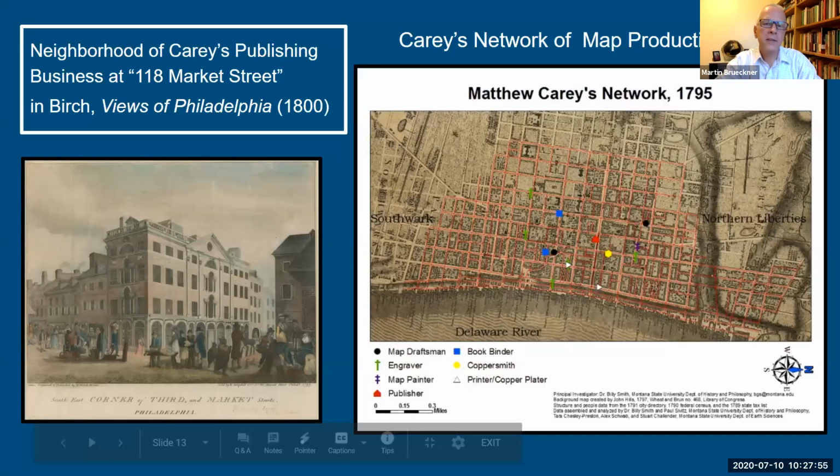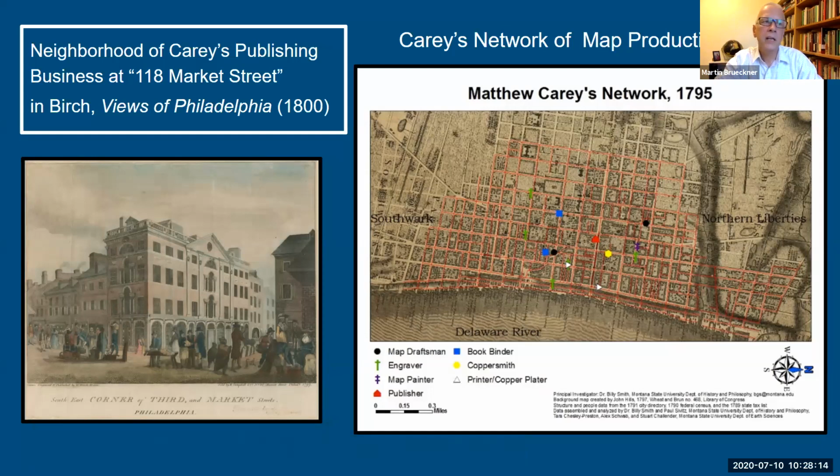In this process of making slides, and this applies to the next stage as well, what Carey discovered is he had his shop on Market Street, also known as High Street, and he had his own shop display windows. His business would probably have been the third house in from the furthest on the left.